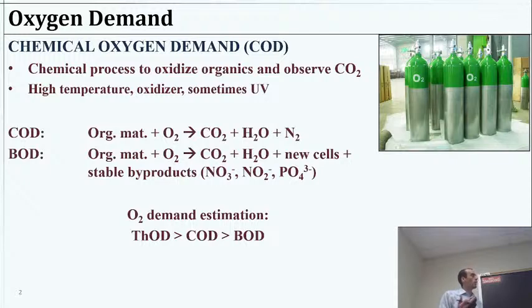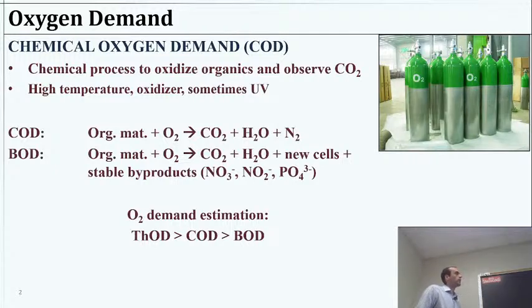So we typically get more COD than BOD. The chemical method of oxidizing stuff and demanding oxygen in that regard is typically larger than BOD, but theoretical is going to be the largest of them all.